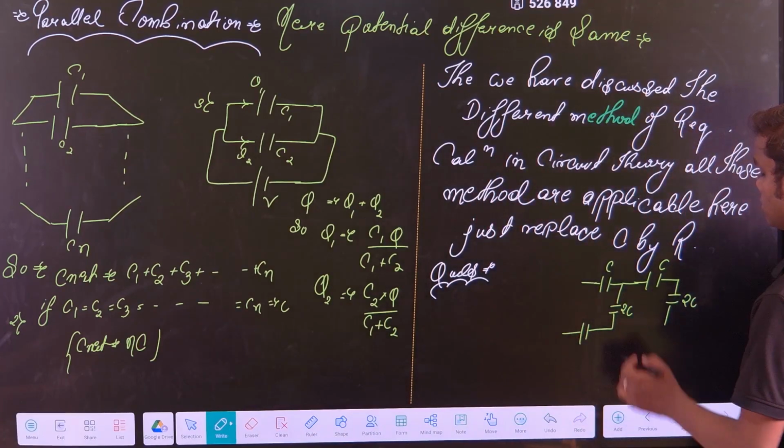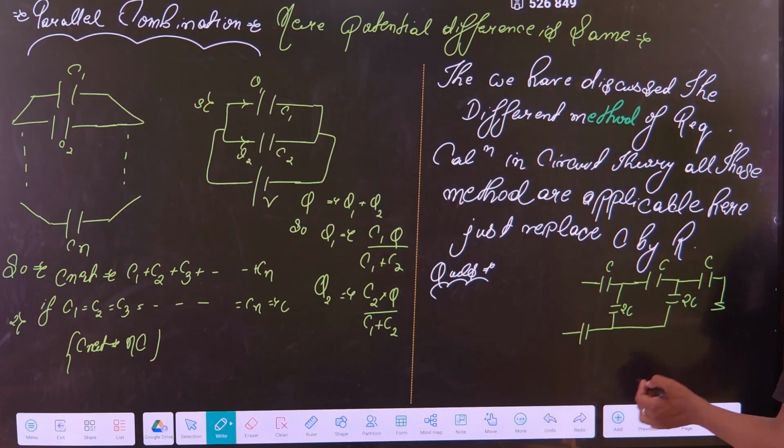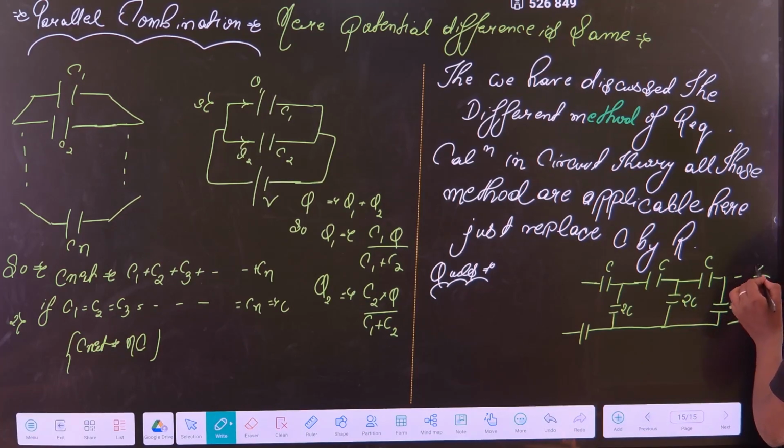Like that, similarly like this. This is C. This is 2C. Like this, it is going up to infinity.